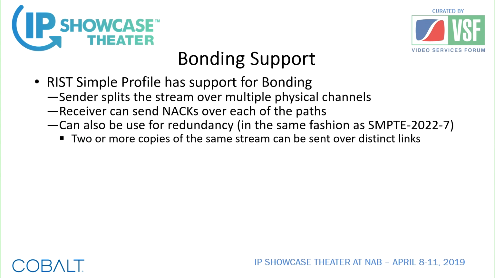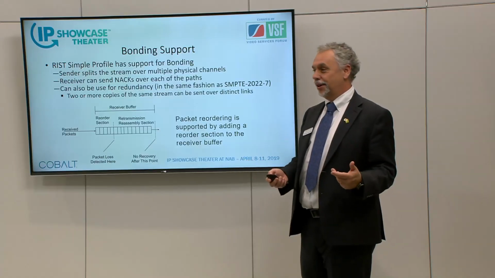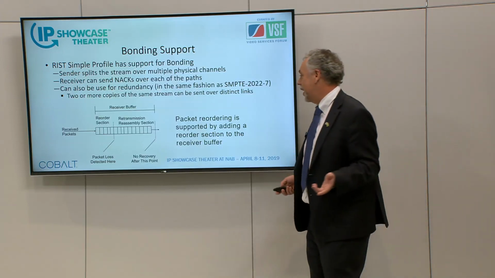And you can also use this for redundancy, just like 2022-7 seamless switching. You can send 2 or more copies over different paths, and the receiver will use whatever packets it got. It's unlikely that the same packet gets dropped over the 2 links, right? Or 3. But if it happens, we have NACK to deal with that.